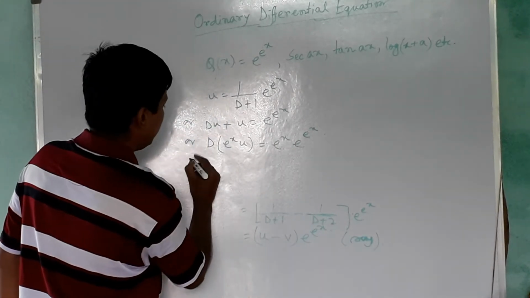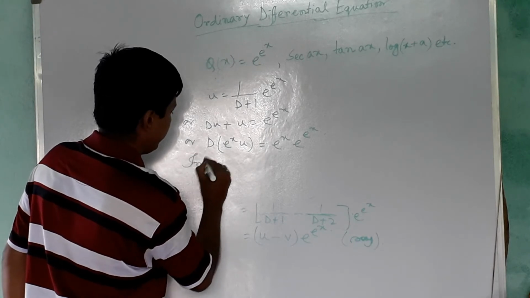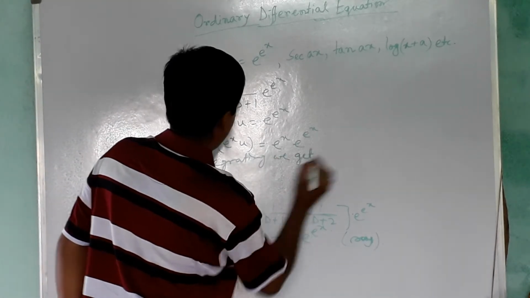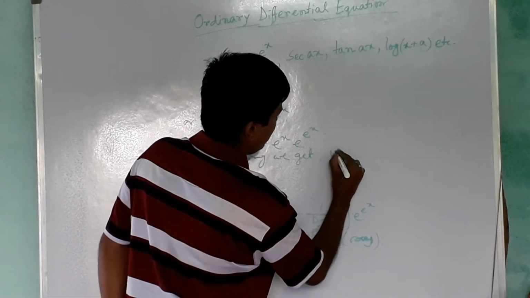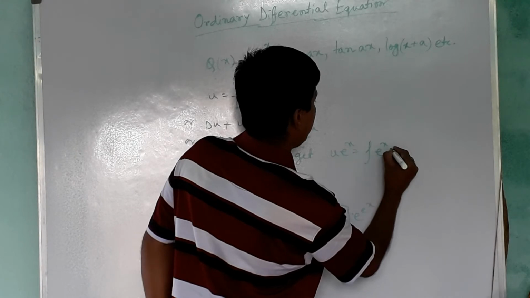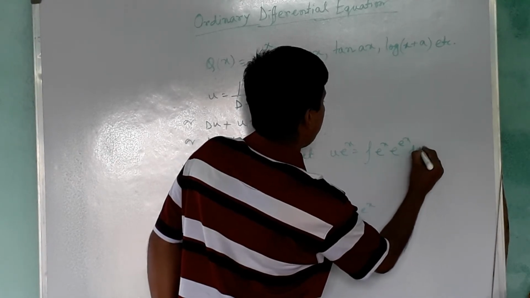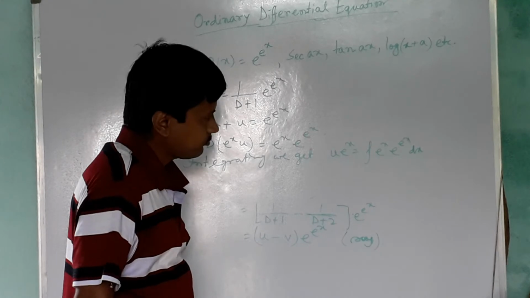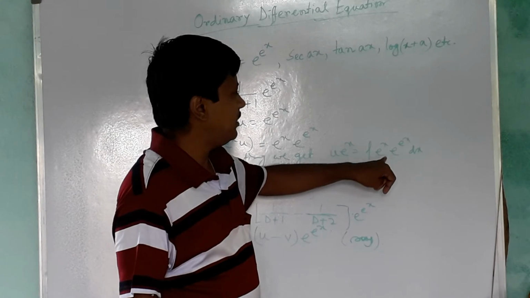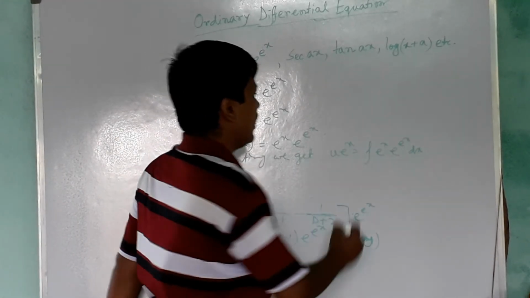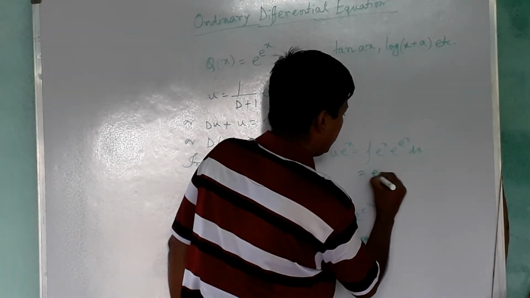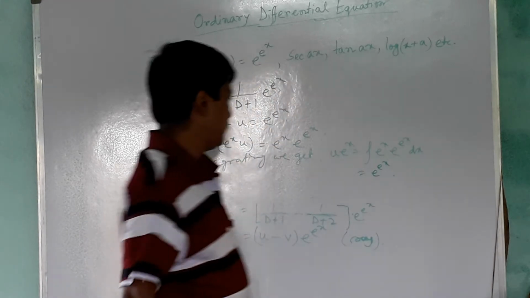Integrating, we get e to the power x times u is equal to the integral of e to the power x, e to the power x dx. If we put e to the power x equal to t, then it will be e to the power t dt, so its solution will be e to the power t, which is e to the power x.